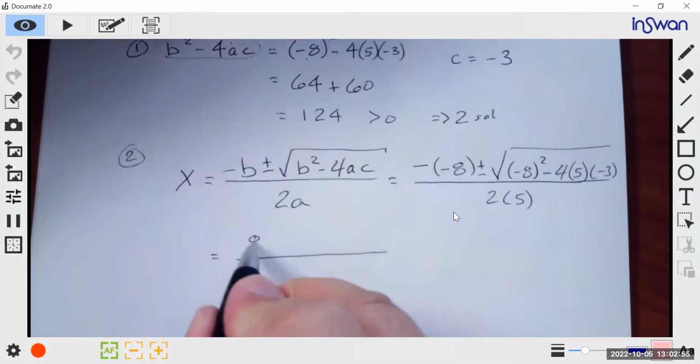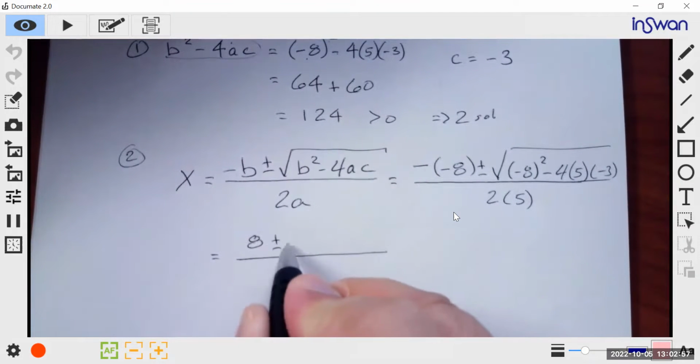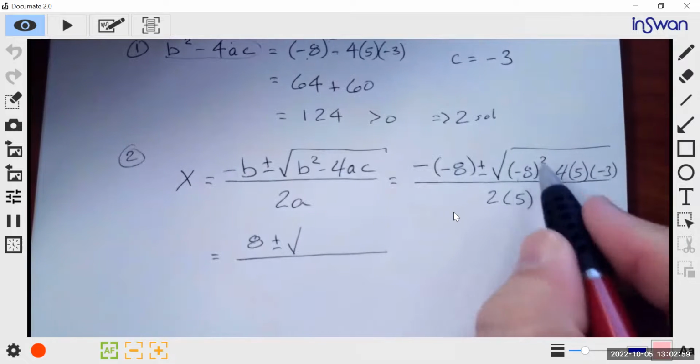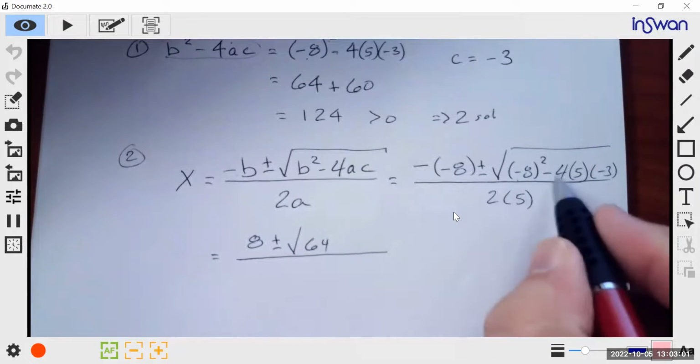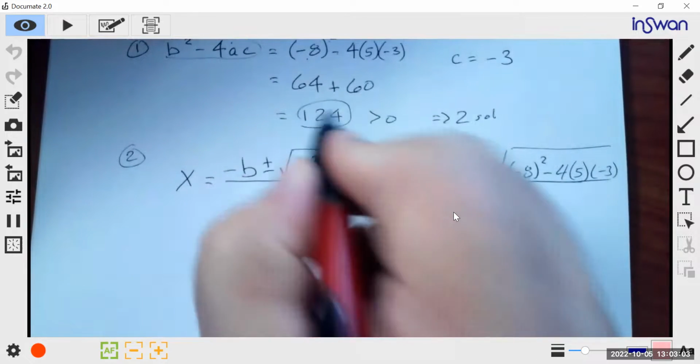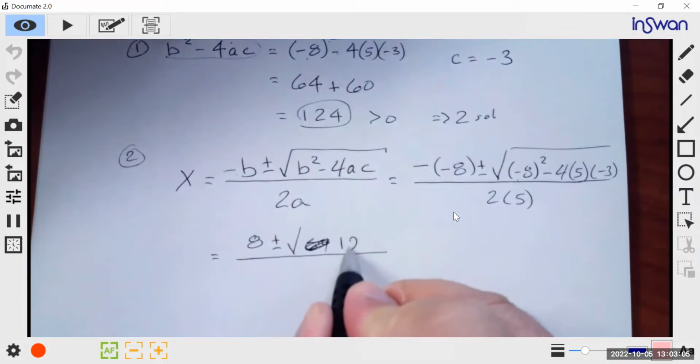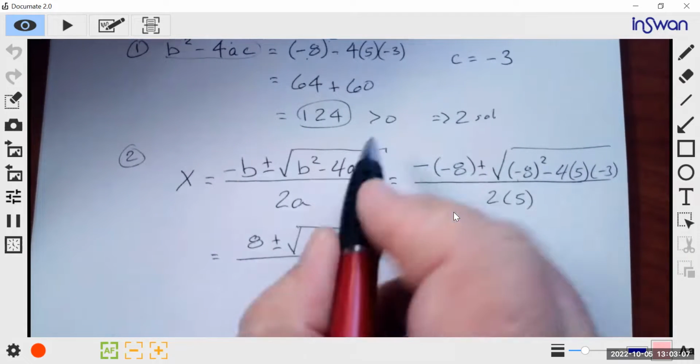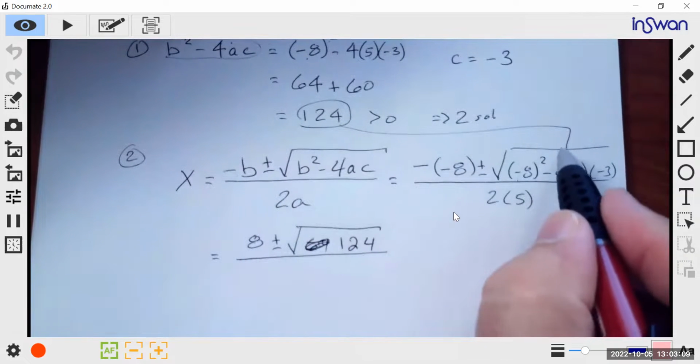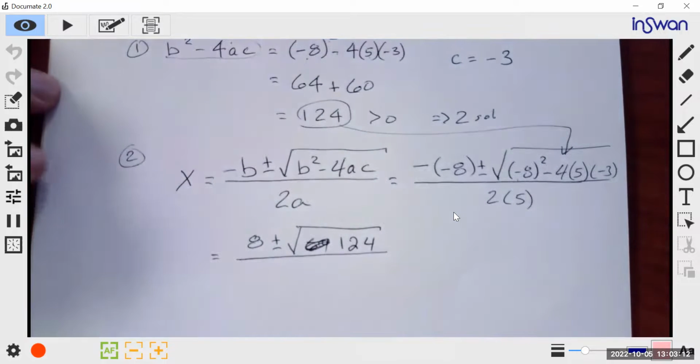Negative and negative makes it a positive, plus or minus. Negative 8 squared is 64. Actually, we already did that. It's right here. It's 124. This number is that, over 10.